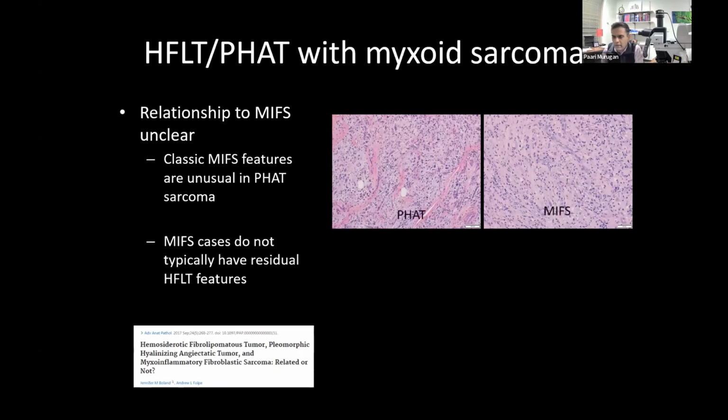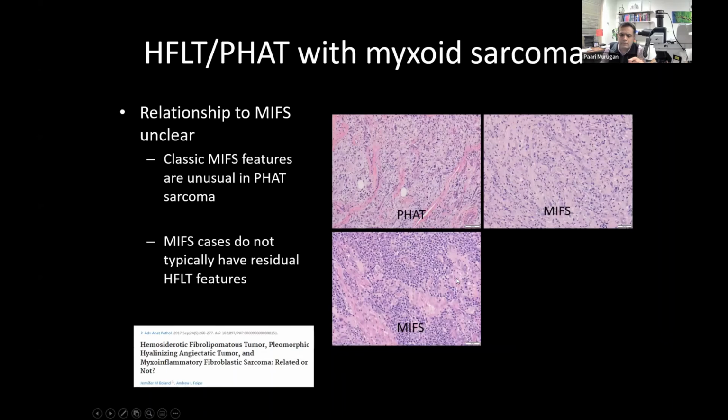But if you look at a textbook example of MIFS, this is what they will show. They will show these Reed-Sternberg or virocyte-like cells in a background of intense inflammation, typically plasma cell inflammation. You may also get some neutrophils and eosinophils. And HFLT with sarcoma never presents with these features.